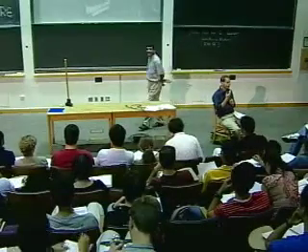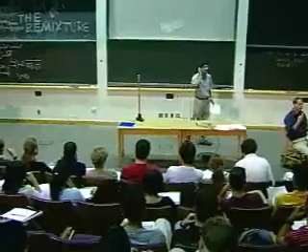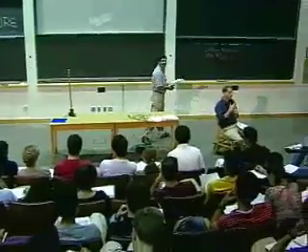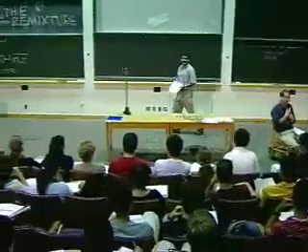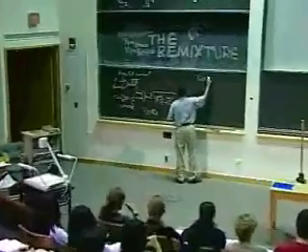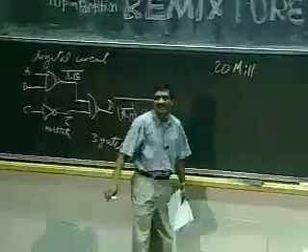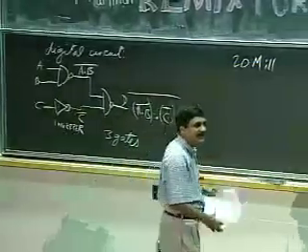How many gates in a Pentium 4? 40 million. Pretty close. 100 million. Going up. So in the Pentium 4, you have on the order of 20 million gates.